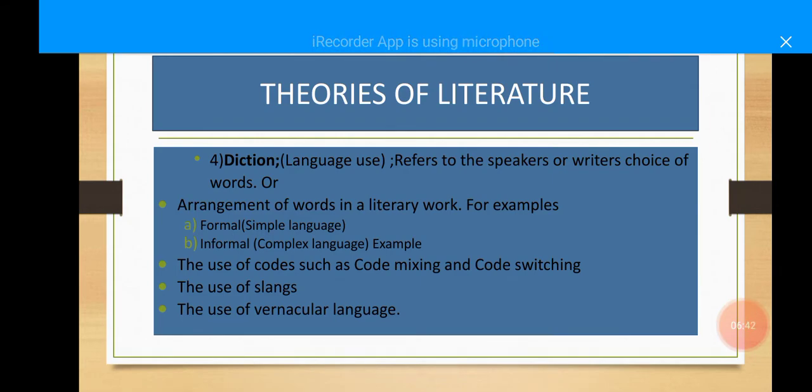Informal or complex language may use codes such as code switching and code mixing, also the use of slang and vernacular language, but not in formal language.